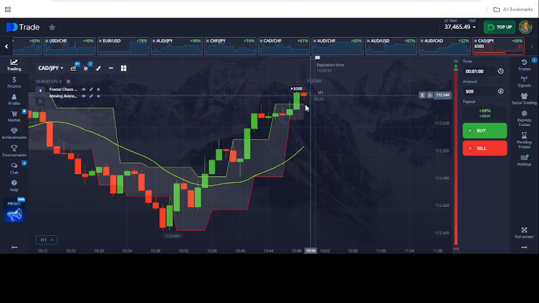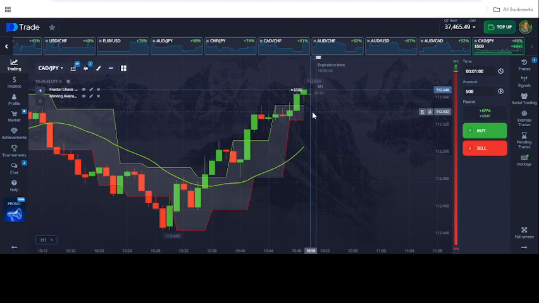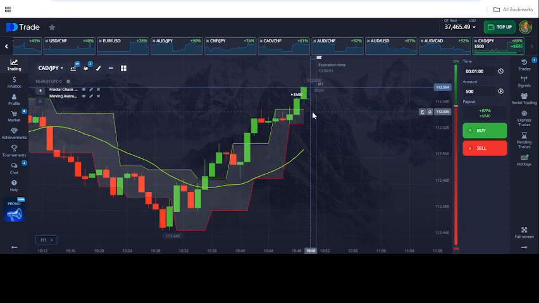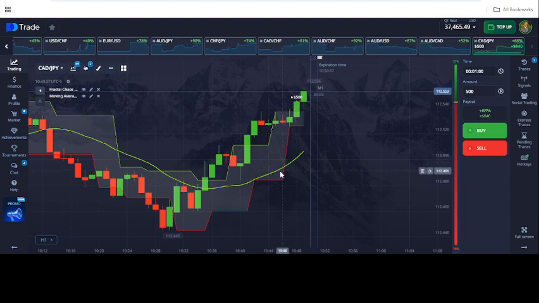So this suggests a bullish breakout to the upside over the next 60 seconds. So let's monitor this trade and wait for the expiration. Okay, so we won that trade.